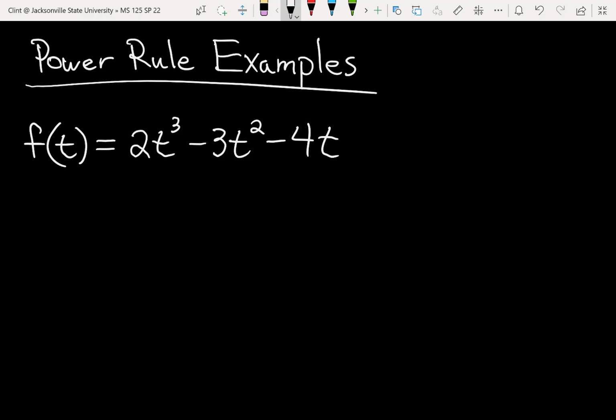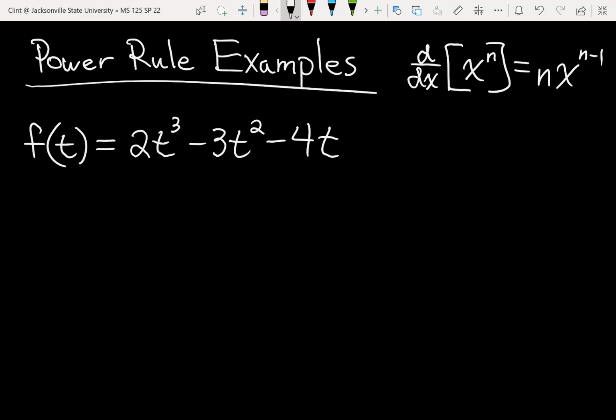So remember our power rule says if we want to take the derivative of x to some power, as long as n is a real number, we get n x to the n minus 1. Our power rule. And then we have the sum and difference rules, which says if you want the derivative of a sum, you can take the sum of the derivatives, so we can split it up at the plus signs or minus signs.